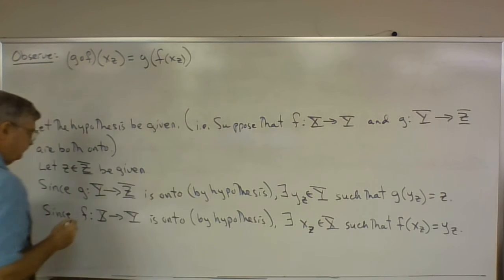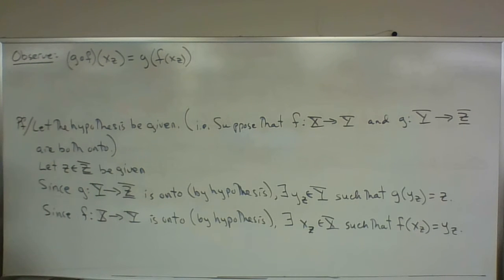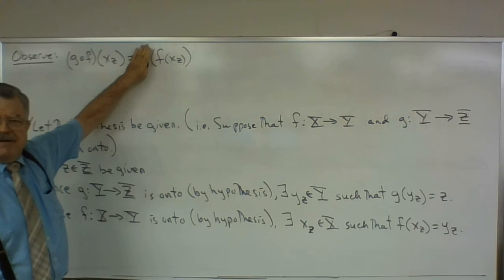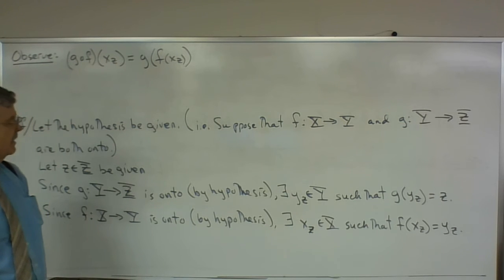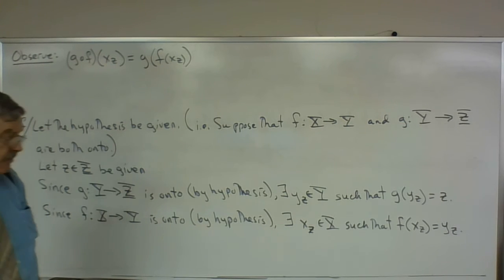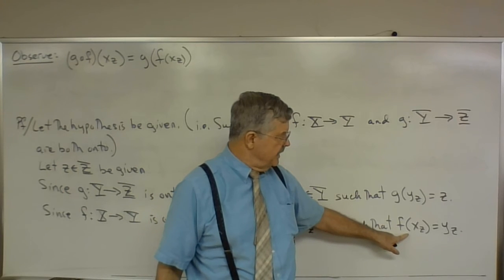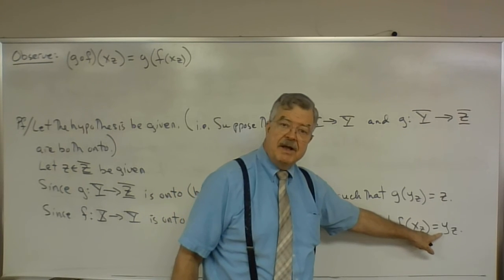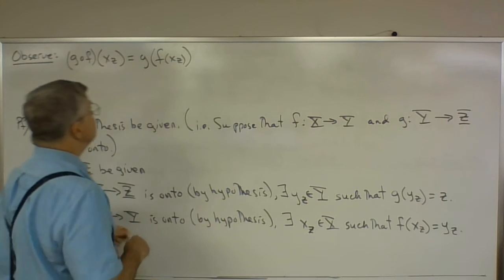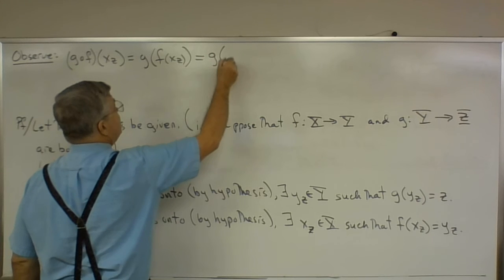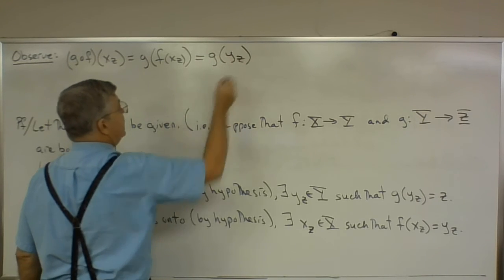Now, what do I know about f evaluated at x sub z? Let's see. Down here it says that f evaluated at x sub z equals y sub z. Okay, so then this is g evaluated at y sub z.